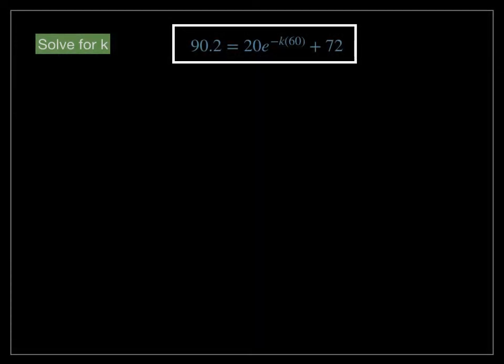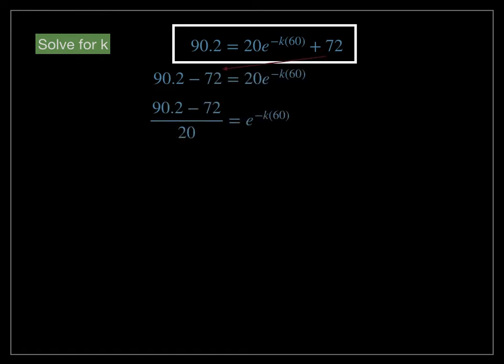Using the previous equation, she moved 72 to the other side and divided both sides by 20, and since k, the unknown variable, is part of the exponent, she applied natural log to both sides. This reminds us of a logarithm property which says that natural log of a to the x equals x times natural log of a.